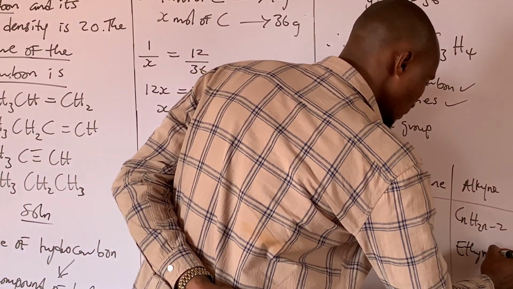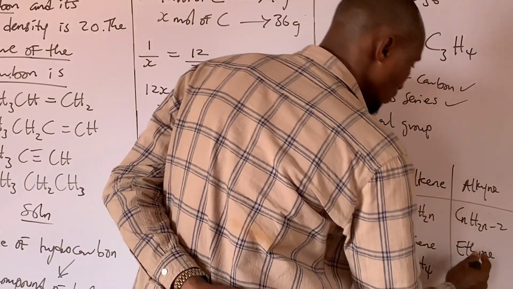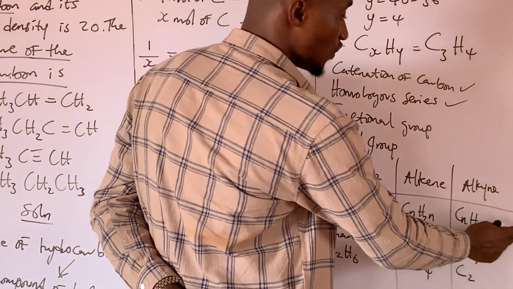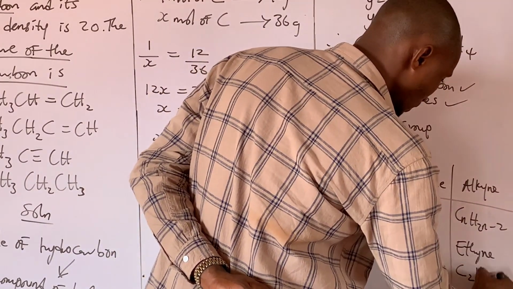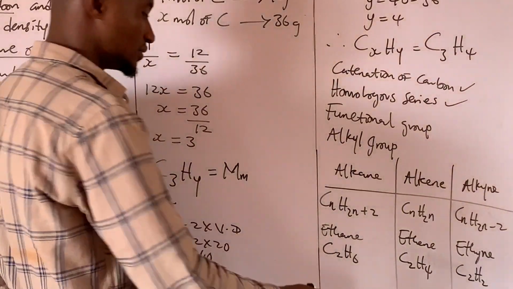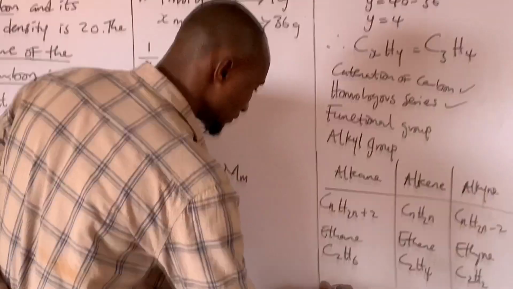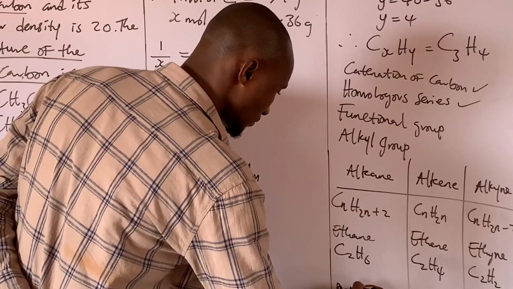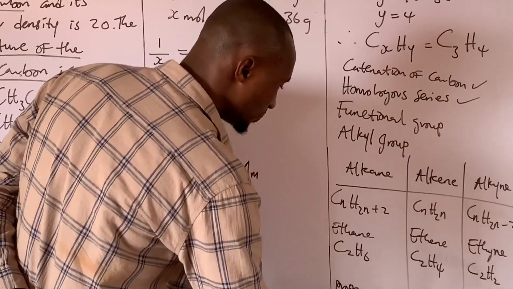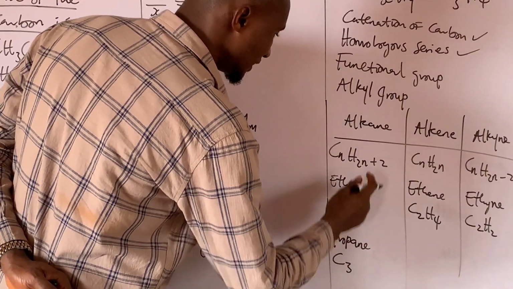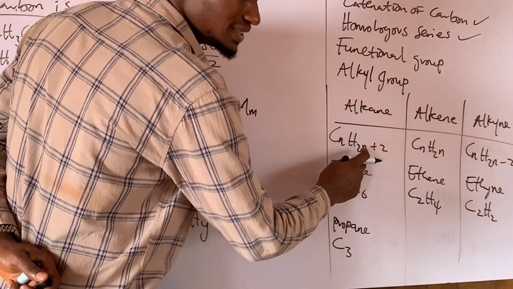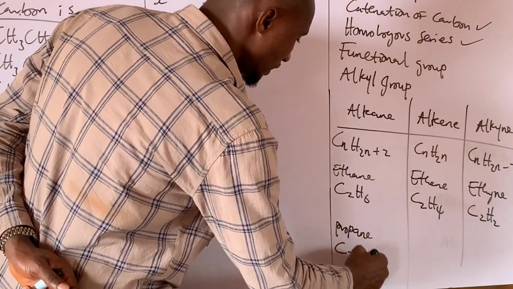Ethyne, C2, 2 times 2, 4 minus 2, H2. Let's come again to propane. This is C3, 2 times 3, 6 plus 2, H8.